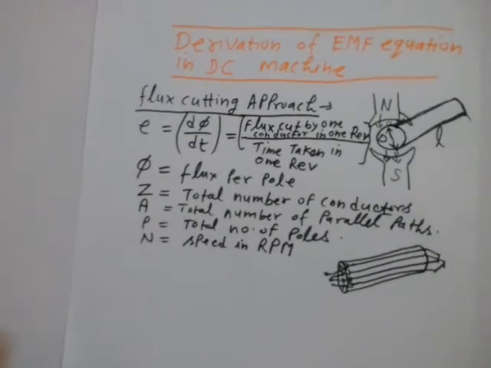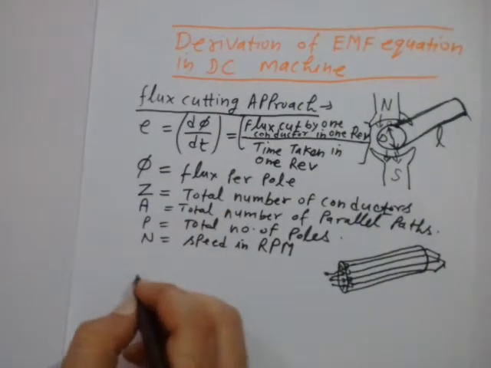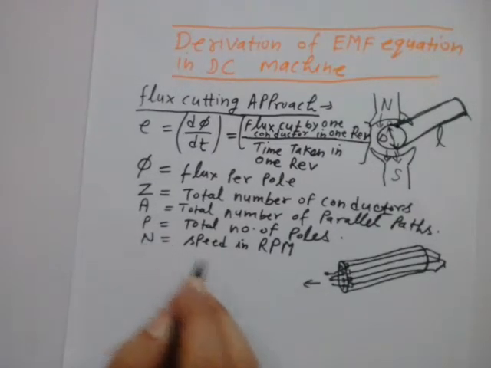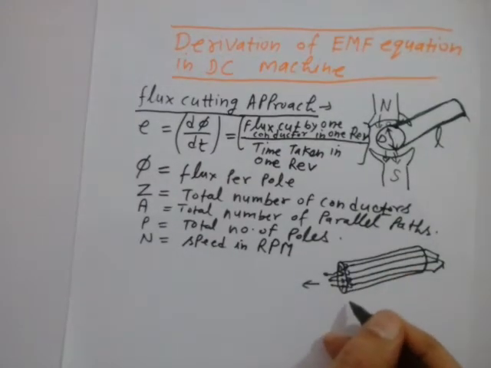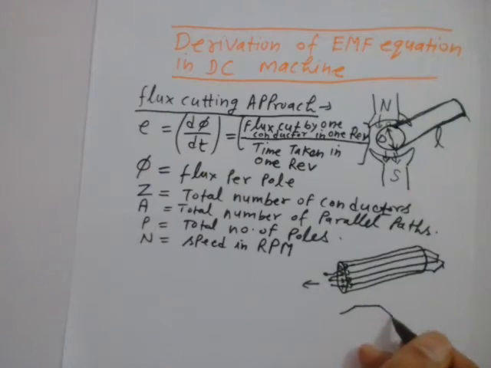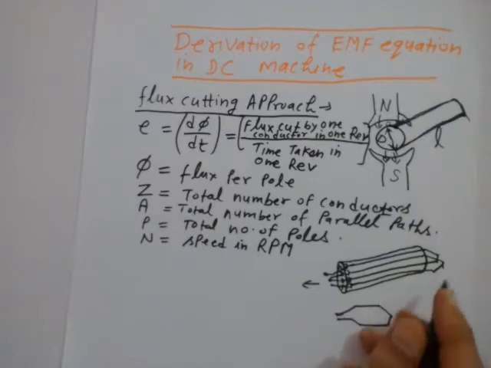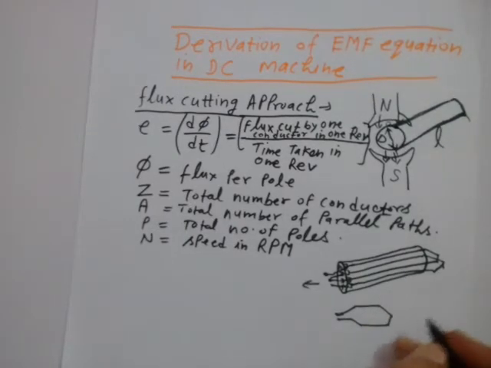Now let me draw it separately. Basically this kind of structure that you are seeing, it is a one turn coil, right?